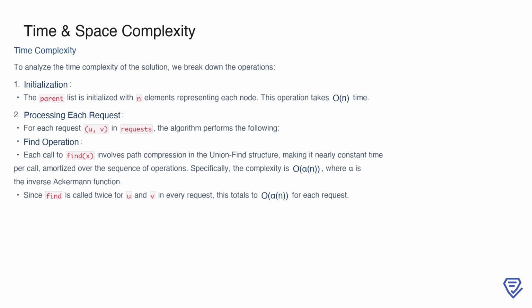Path compression ensures that the find operation is highly efficient, with an amortized time complexity of O(alpha(n)), where alpha is the inverse Ackermann function that grows extremely slowly. Since we call find twice for each request, once for u and once for v, the cost per request for this step is O(alpha(n)). This sets the foundation for analyzing the subsequent operations involved in handling friend requests and restrictions efficiently.